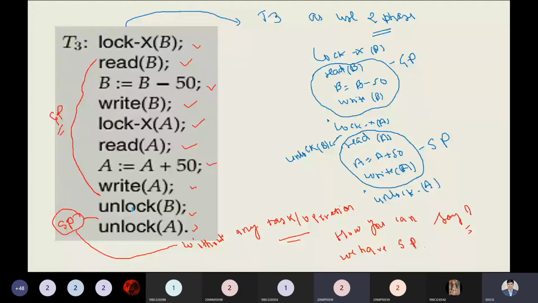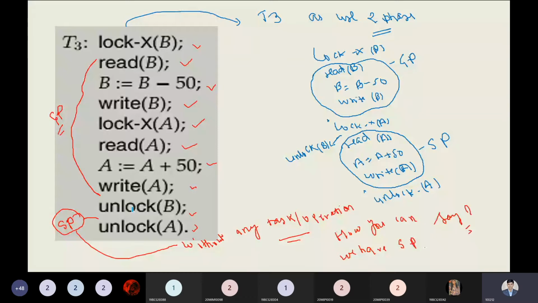Yeah, that's a good point, because after unlocking A and B, if you try to use B and A, there will be no sense, because now they are closed or unlocked. If you want to use them, then you have to apply the lock again. And when you are applying the lock again, you are putting it in the growing phase.